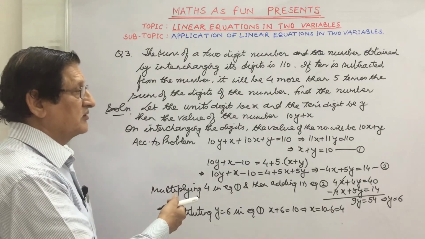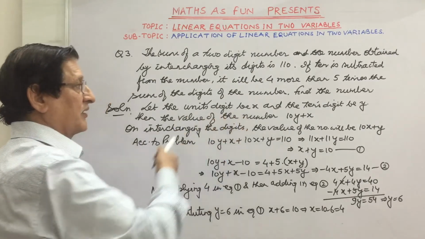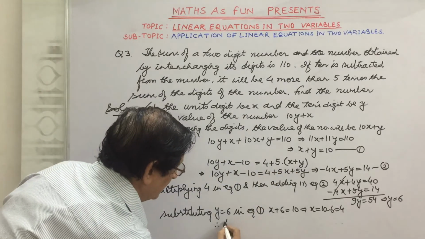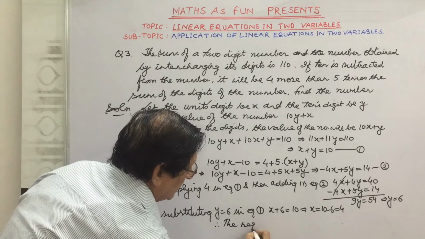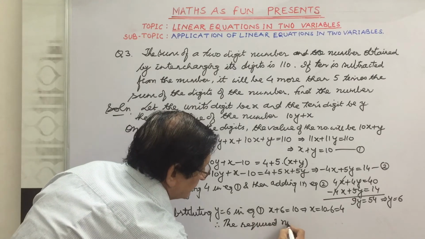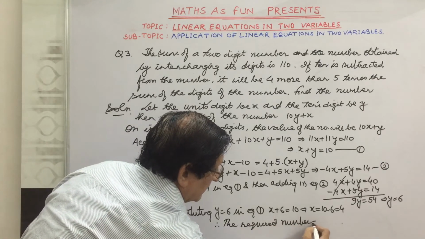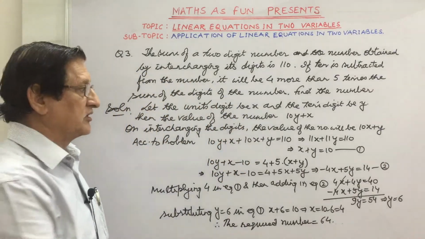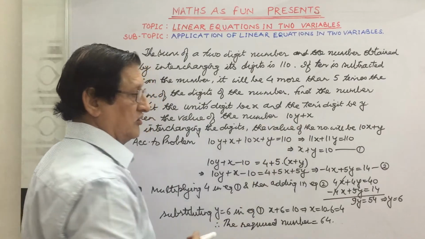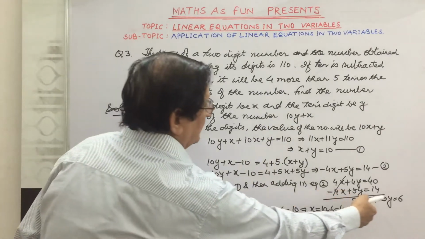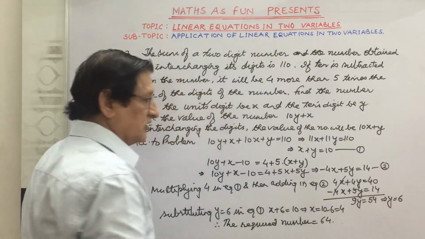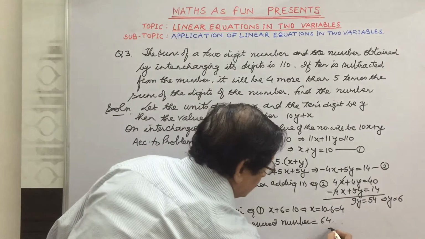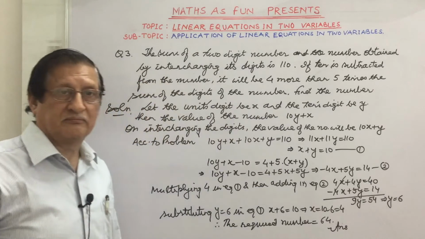What is the 2-digit number? We have taken units digit as x, tens digit as y. Therefore, the required number is equal to 64, we can say. That is 6 into 10 plus 4, or directly we know that we keep it at tens and this is units, so it will be 64. And this is the answer of the problem.